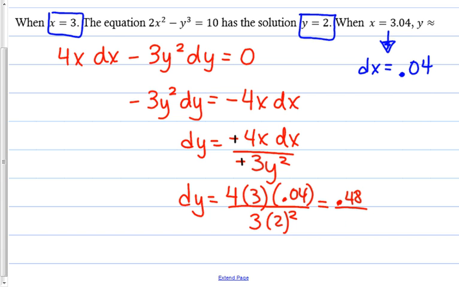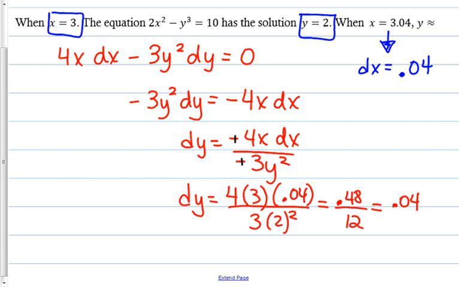3 times 4 is 12. 0.48 divided by 12 is 0.04. A coincidence, I promise. So the change in y is 0.04 as well. I repeat, it's just a coincidence. Okay, so if I want to actually complete the sentence, or answer what they're asking me to find.